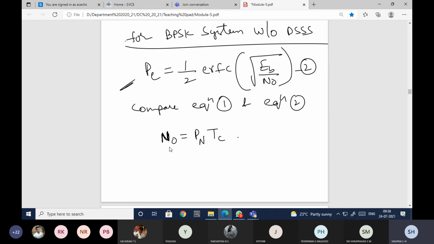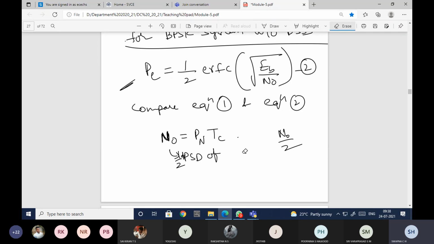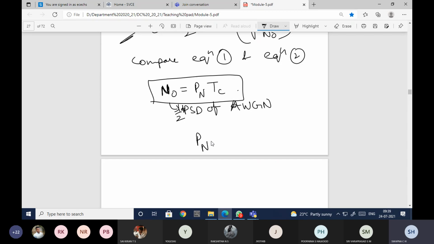Recall that N naught by 2 is the power spectral density of your additive white Gaussian noise, so here it is N naught, just half of... So here I could give the relationship between N naught, PN and TC. If I want to find the average noise power, I can write it as N naught by TC.